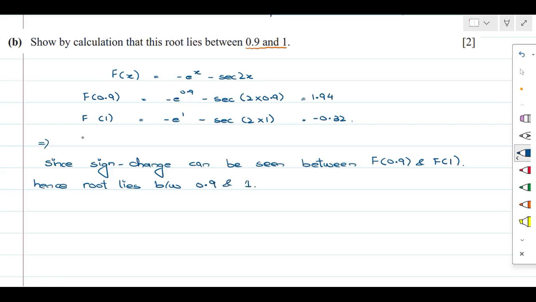When there is a sign change, the root lies between them. This is positive and this is negative, so it's a sign change, right?